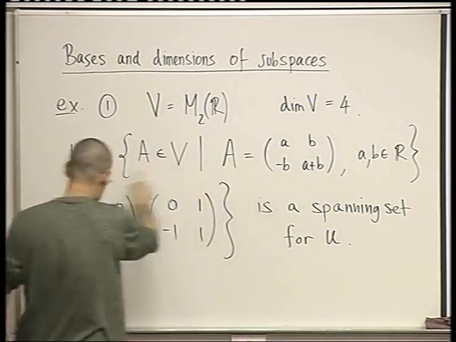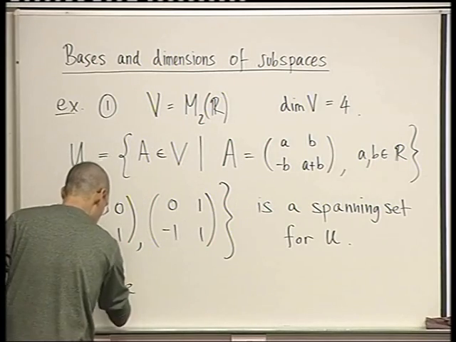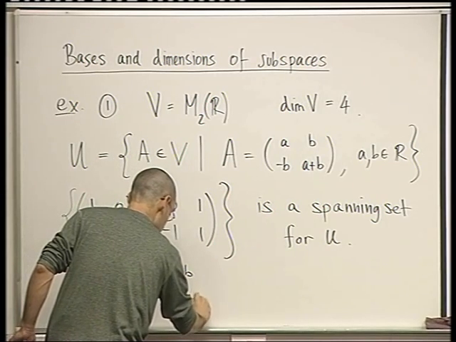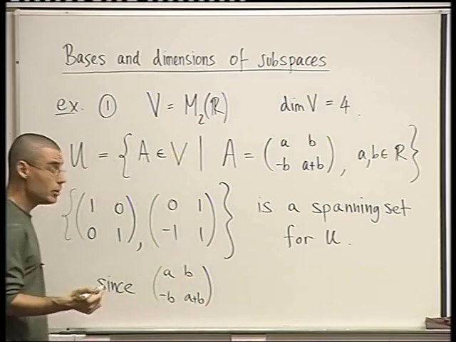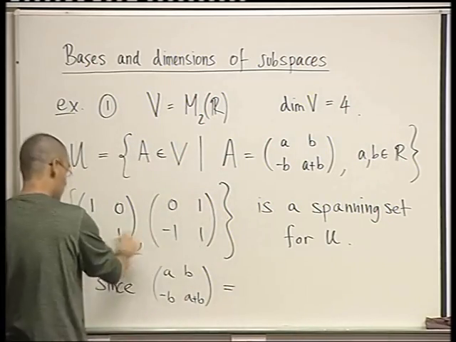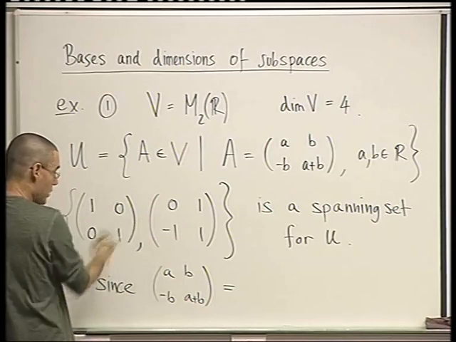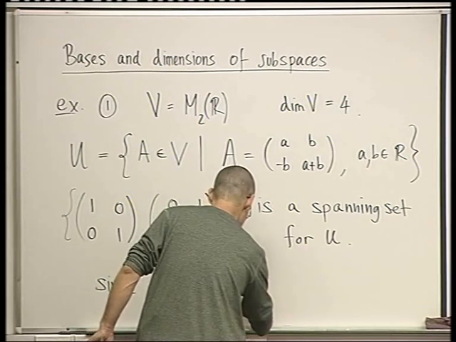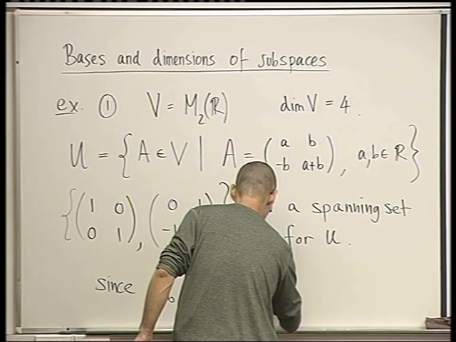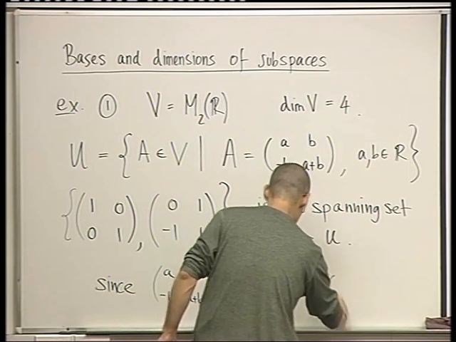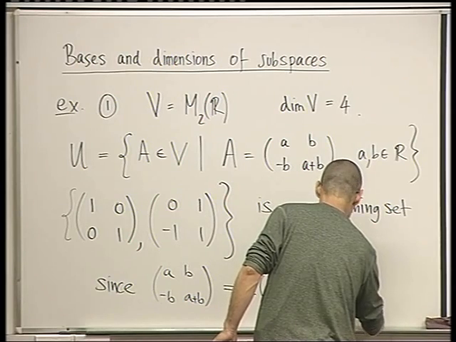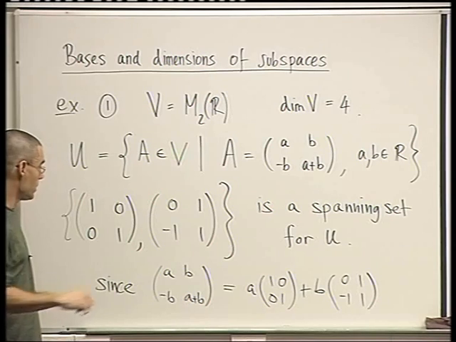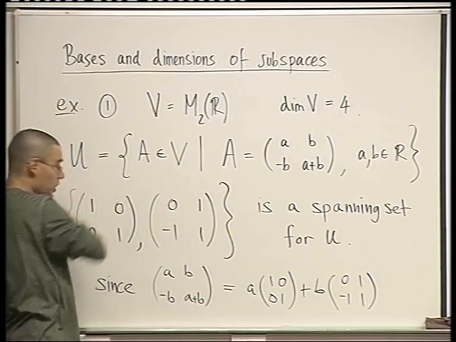Since any element in U, [a, b; -b, a+b], that's the form of a general element in U, it can be written as a linear combination of these two. That's why I chose them: a times this plus b times this, equals a times [1, 0; 0, 1] plus b times [0, 1; -1, 1]. Do you agree? Everybody good? So this is a spanning set for U.